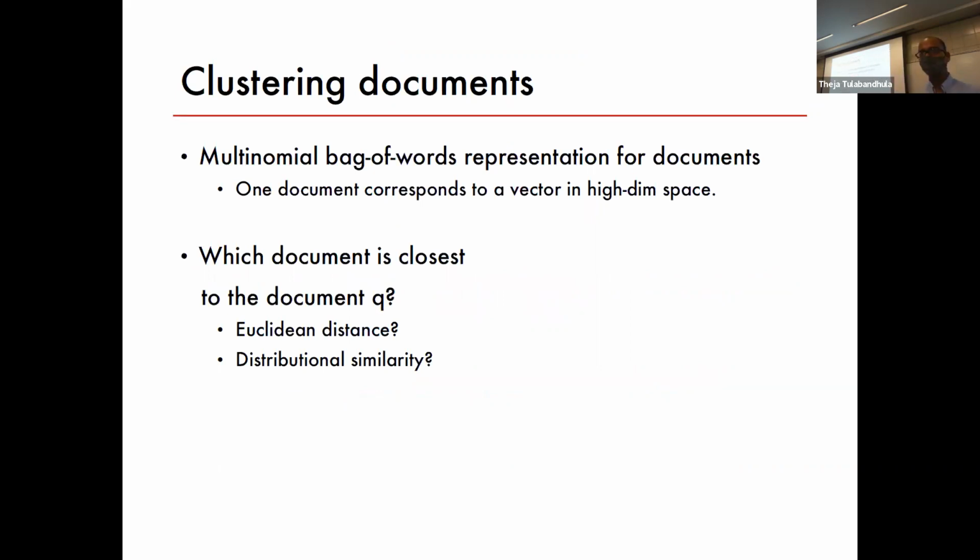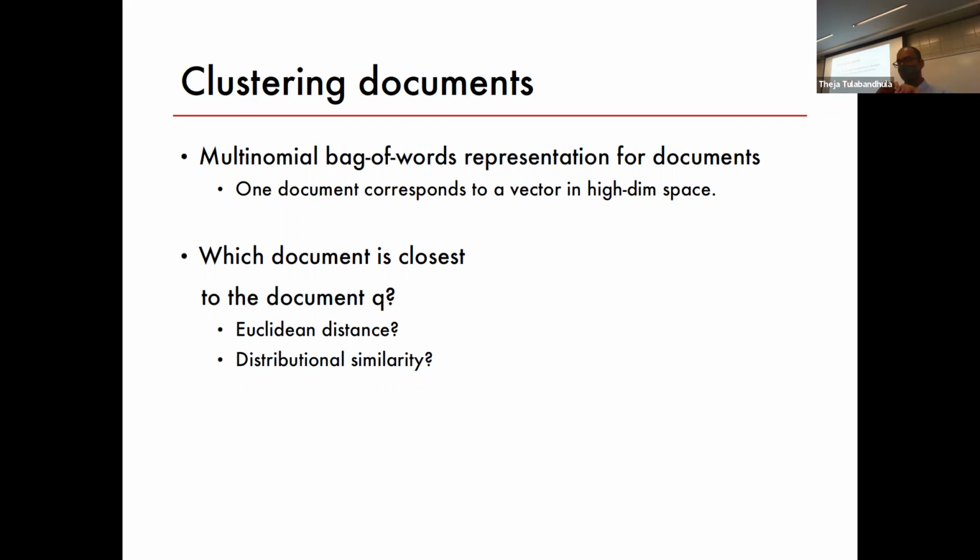Okay, so we'll briefly talk about a slightly different application example here. Let's say you have documents, and you can create a bag-of-words representation, let's say the multinomial version. Bag-of-words representation means you have a vector which is the size of the vocabulary, and multinomial just means that you're counting the words instead of just looking at presence and absence of a word.